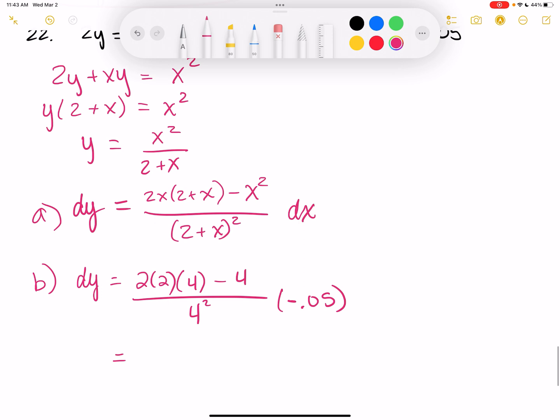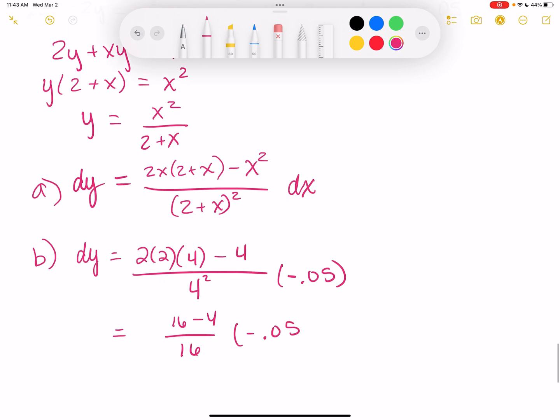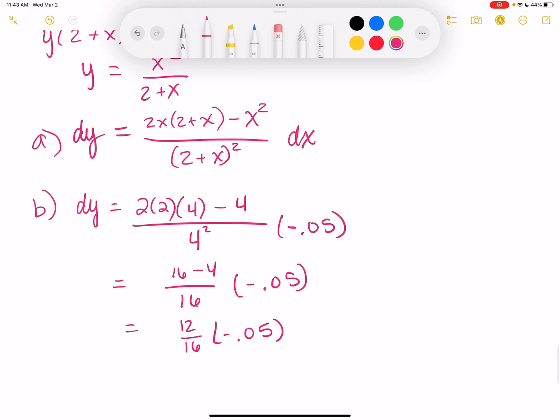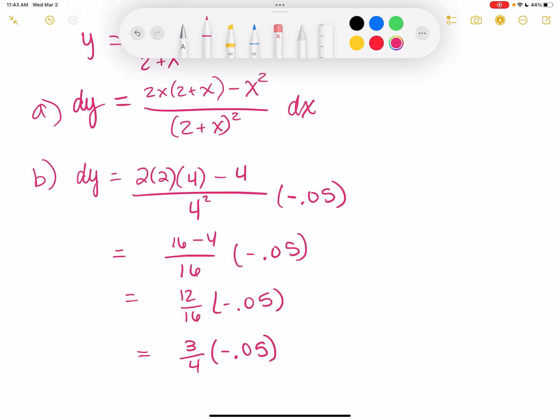So that is 16 minus 4 over 16 times negative 0.05. So 12 over 16 times negative 0.05. I don't care at what point you plug this in your calculator. I'm just simplifying it down as much as possible. So 3 over 4 times negative 0.05. You could have plugged it in your calculator up here for all I care.